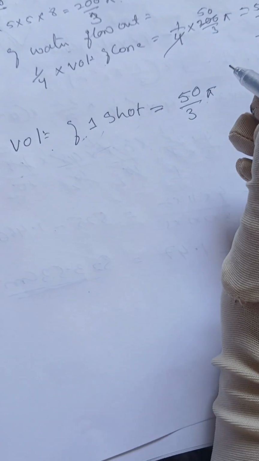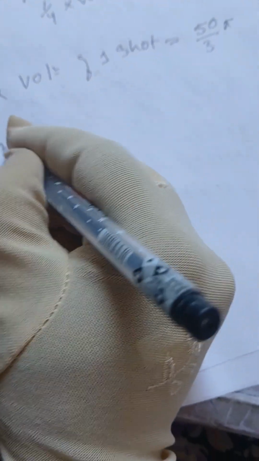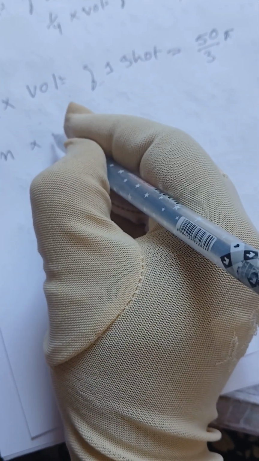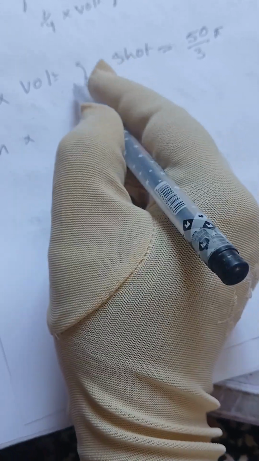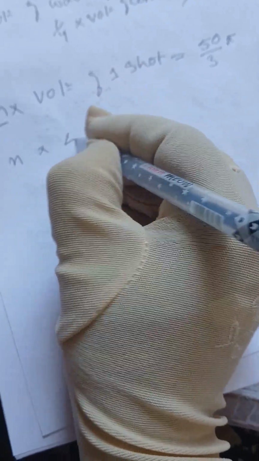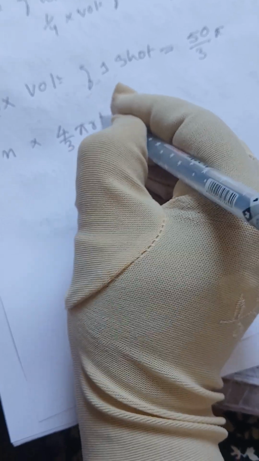The lead shot is in a spherical shape, so the volume of a sphere is 4 by 3 pi r cube, and this equals 50 by 3 pi.